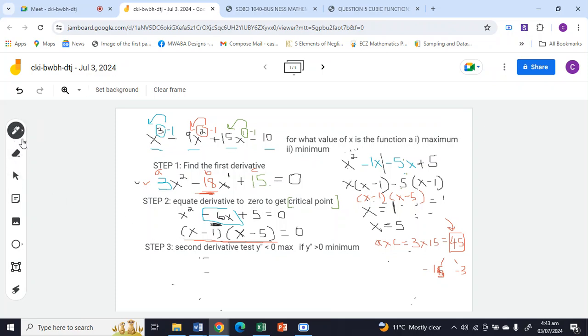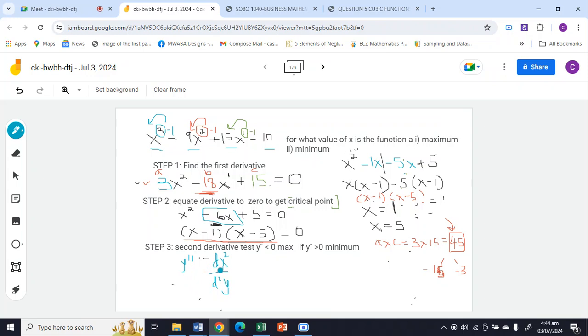First things first, we need to get our second derivatives. In some books, you see the second derivative represented like this. Other books, you're going to see it as d squared y over dx squared. Whenever you see this, it just means I've derived the function the second time. These symbols should not confuse you.